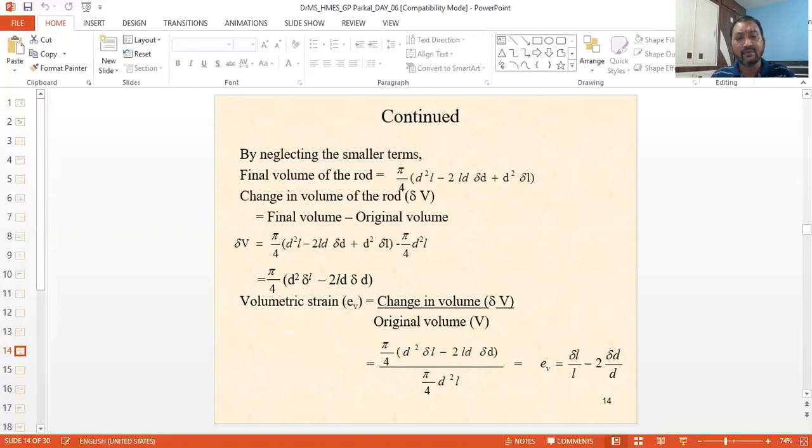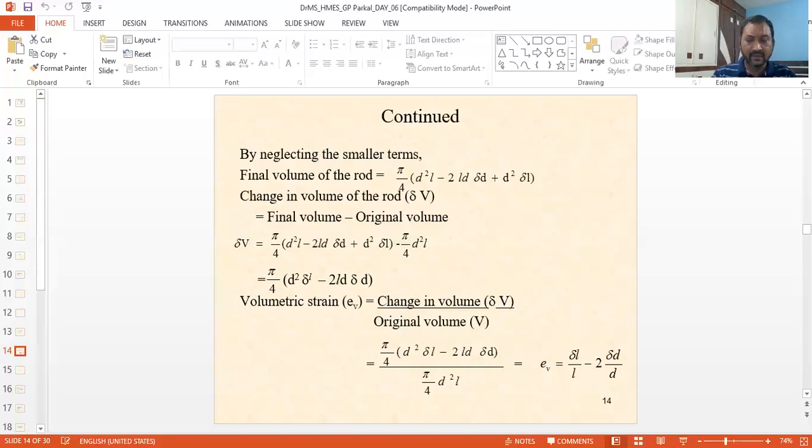So this is equal to pi by 4 into [d square into delta L minus 2 L d into delta D] divided by pi by 4 into d square into L. By simplifying the equation, we get EV is equal to delta L by L minus 2 into delta D by D. Here delta L by L is nothing but the linear strain E, whereas delta D by D is nothing but the lateral strain of the rod, EL.